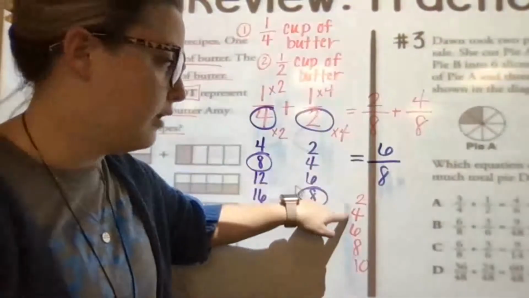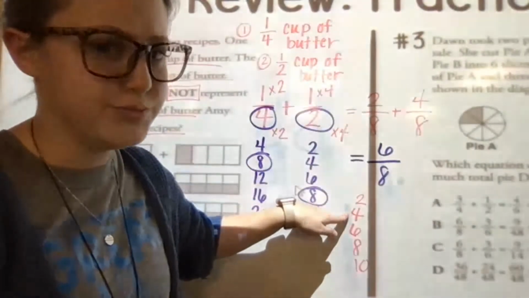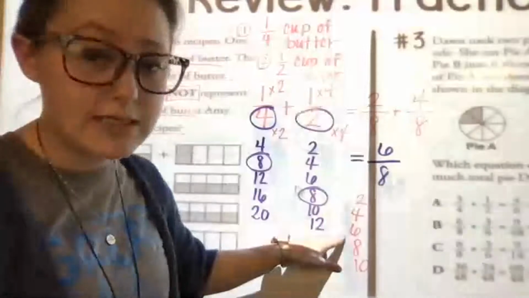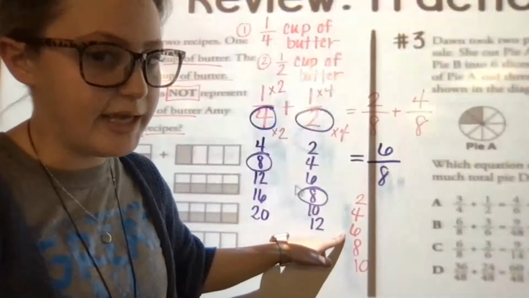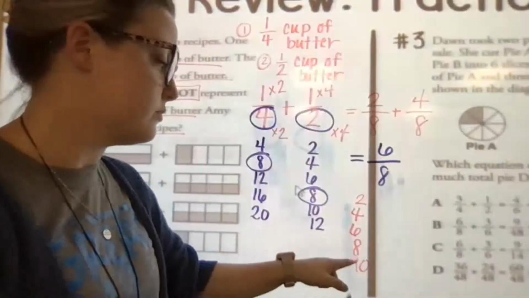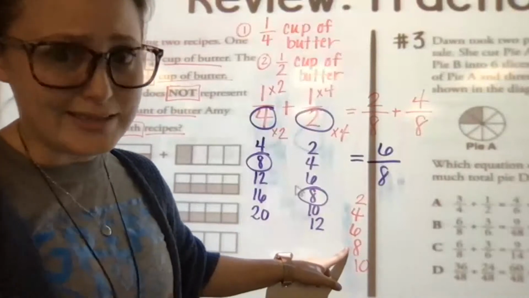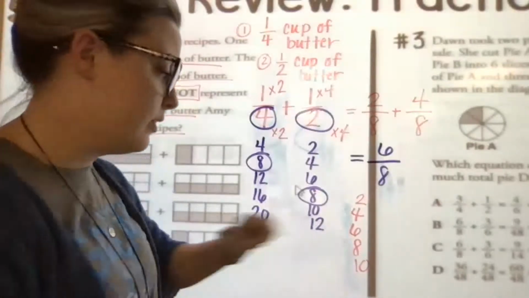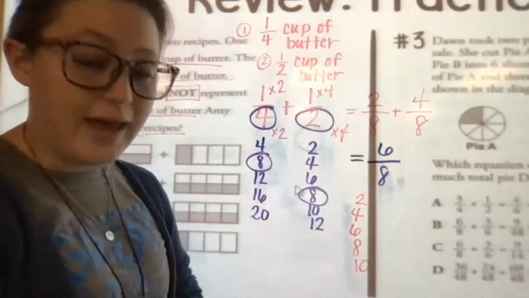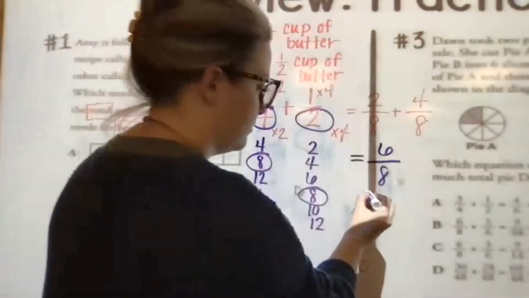Yes. Can 4 go into 6 and 8? No. Can 6 go into 6 and 8? No, it can't go into 8. It can only go into 6. Can 8 go into 6 and 8? Oh, 8 can't go into 6. It's too big. So the only number that we have that can go in both of them is 2.